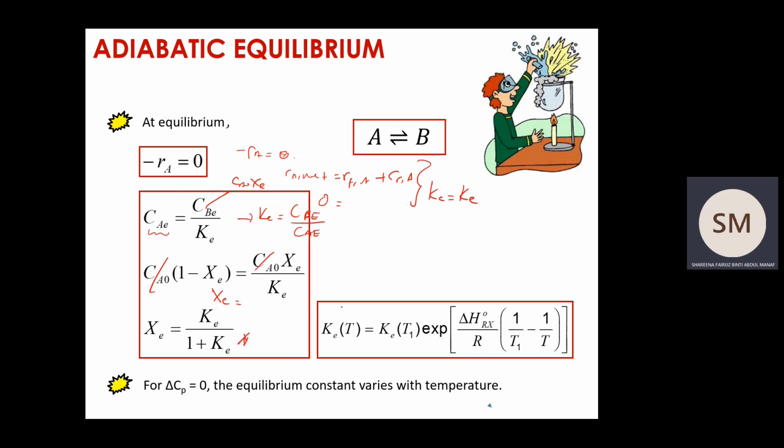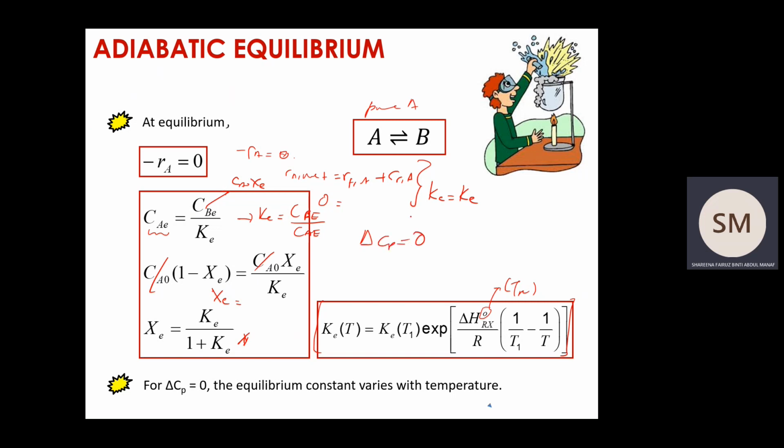So what is K_E? K_E represents the equilibrium constant, which relates to the heat of reaction and T. The subscript zero means it refers to T_R. For Cp, remember these are pure, so delta Cp is equal to 0.